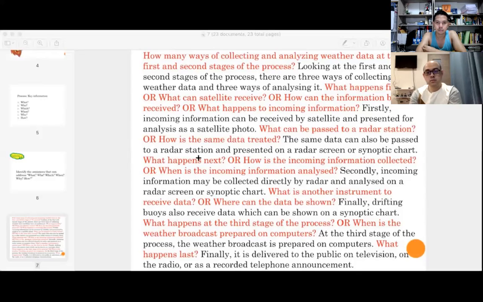So we must use the passive voice, not the active voice. So the passive is formed by putting the object in front of the verb, changing the main verb into a past participle form, and adding the verb to be in the same tense as the original verb.